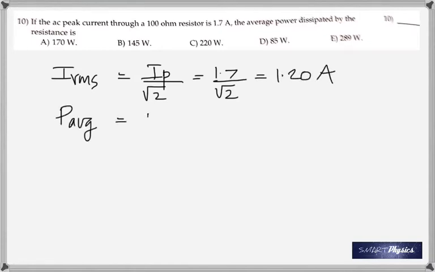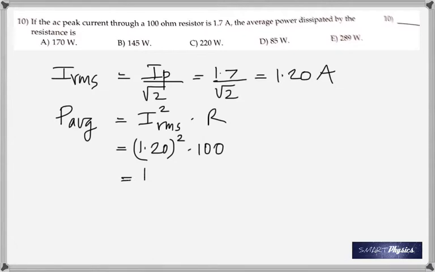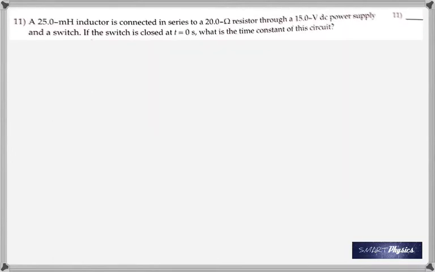And the average power is just the product of I squared RMS and the resistance. 144 watts.